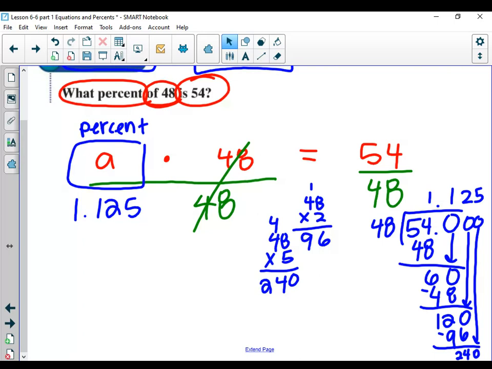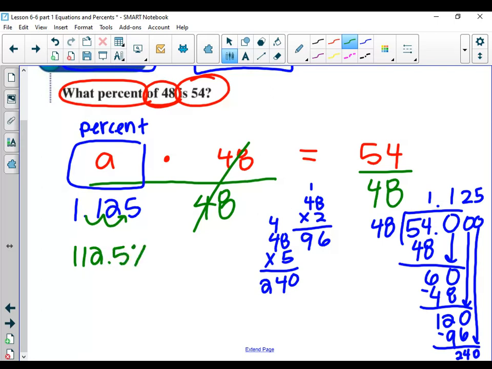Move right twice. So 112.5%. Because my score is 54 of 48. So I must have got some extra credit points or something in there. Nice, go me.